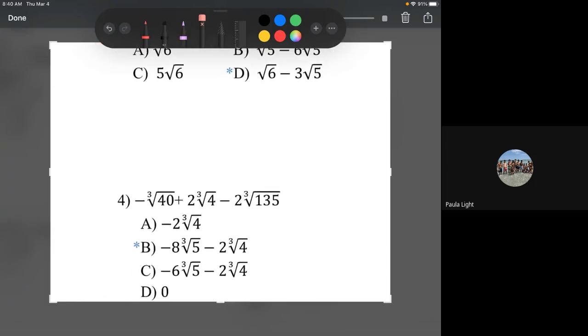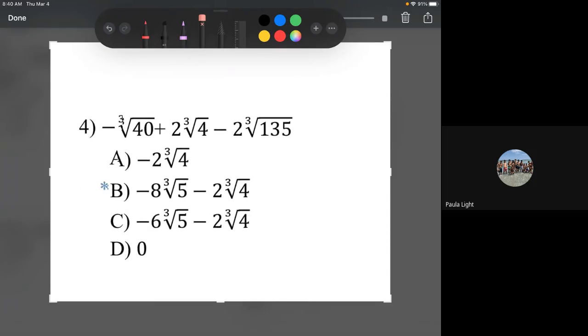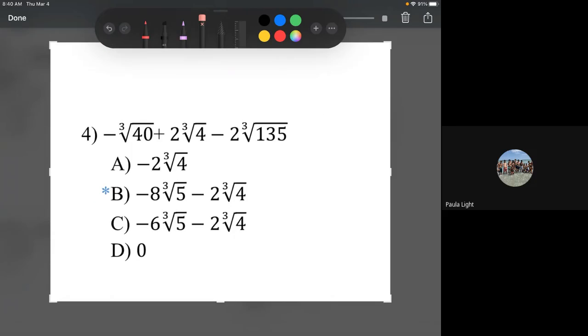Okay, let's go to number 4. I'm going to list some perfect cubes. So I've got 1. 2 times 2 times 2 is what? 8. 3 times 3 times 3 is? 27. And 4 times 4 times 4, anybody remember? 64. And 5 times 5 times 5?